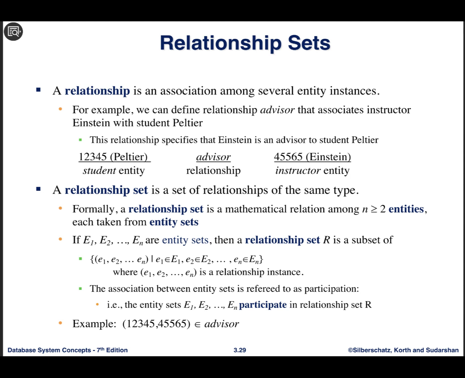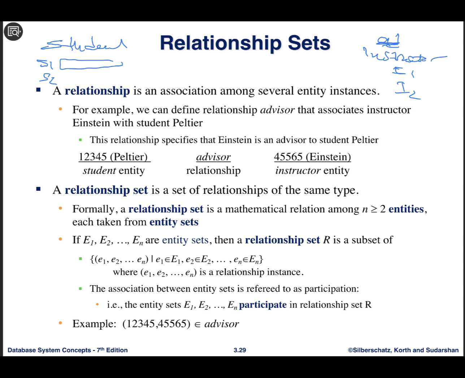So in this case, a relationship set is defined as a collection of relationships of that type. Let's do this one at a time. We said a relationship is defined as an association among several entity instances. I'm going to take a look at the student and the advisor, I'll say instructor. Assume we look just at entity instances: a specific student, student 1, student 2, and instructor 1, instructor 2.